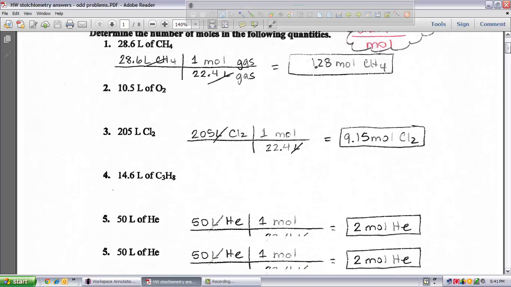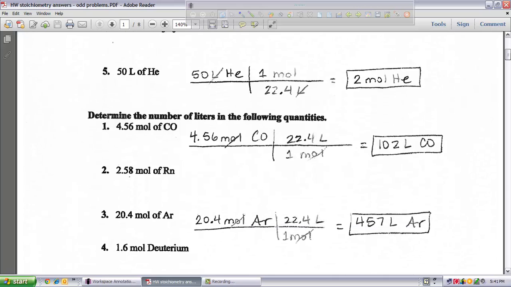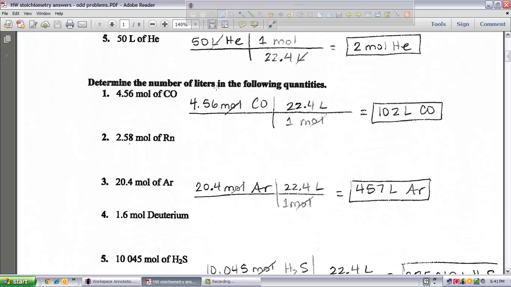You could see some other examples here. Now in this case, you're given moles, but you're trying to find liters. So you can still use the same conversion factor, but instead of having 22.4 on the bottom so that those liters can cancel like in the previous problems, you would put it on top. You can flip that conversion factor whichever way you need it because it's essentially equal.